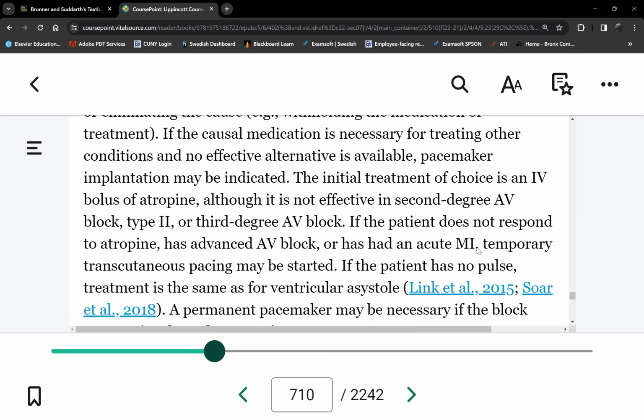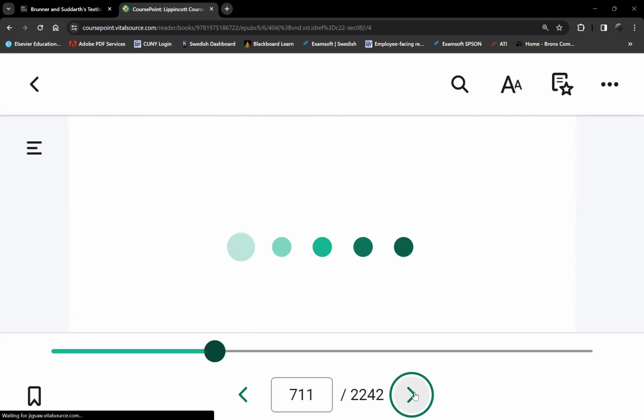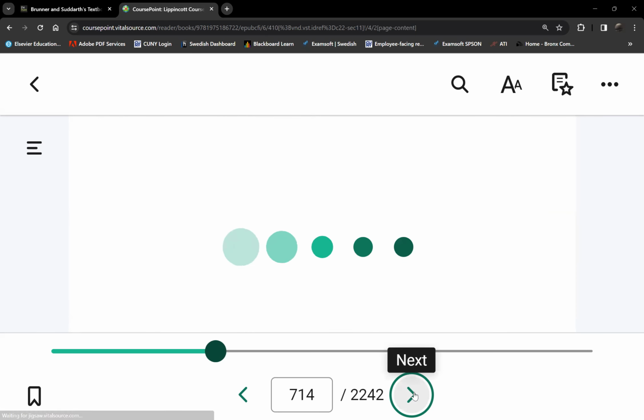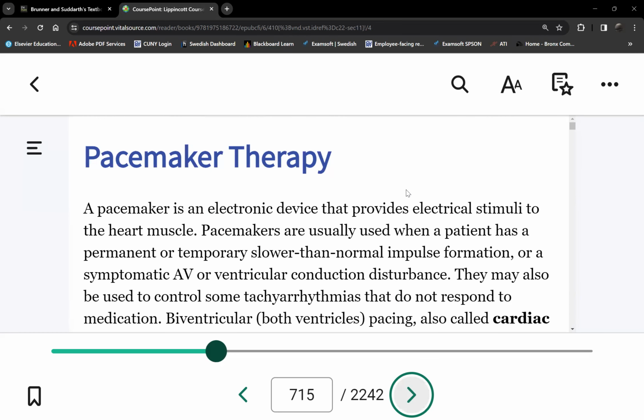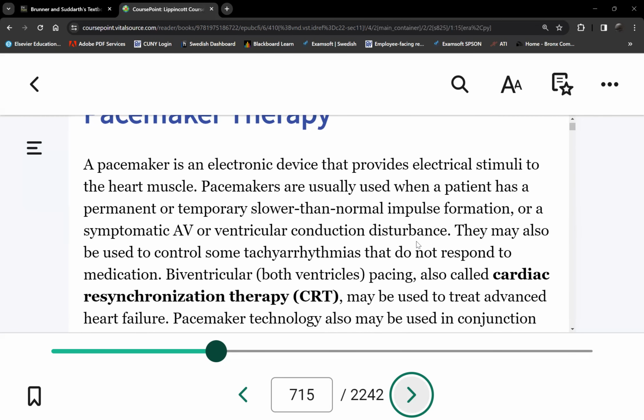So let's go now to the pacemaker therapy, and I'll come back to cardioversion. Let's go here first. Okay, pacemaker, and then I'll backtrack. So Mr. Gersten, can you read what is a pacemaker?